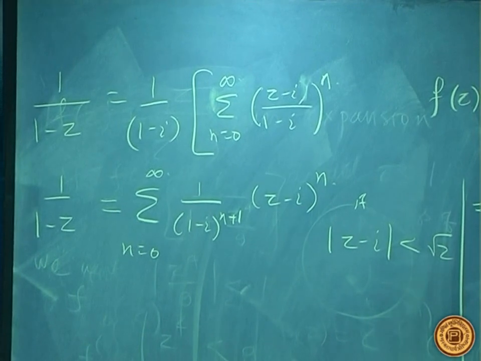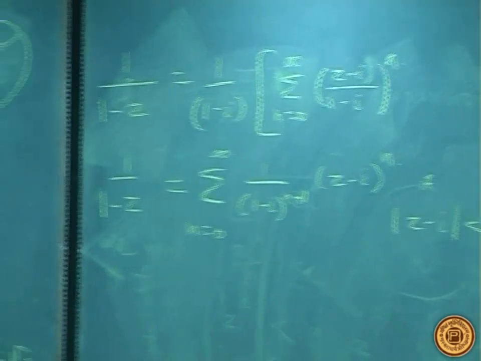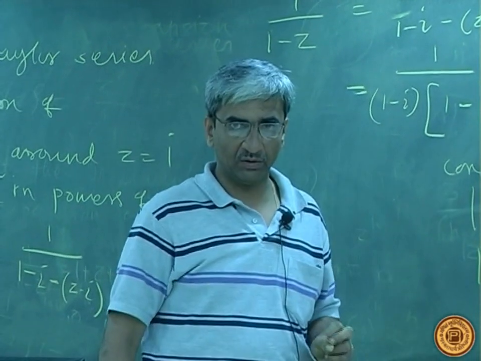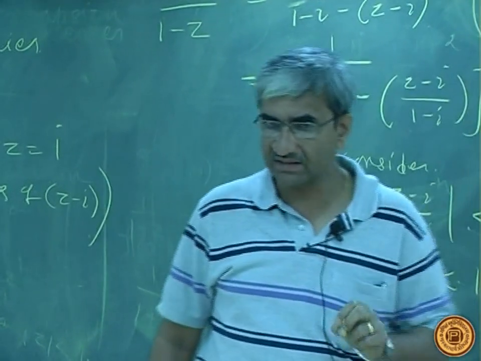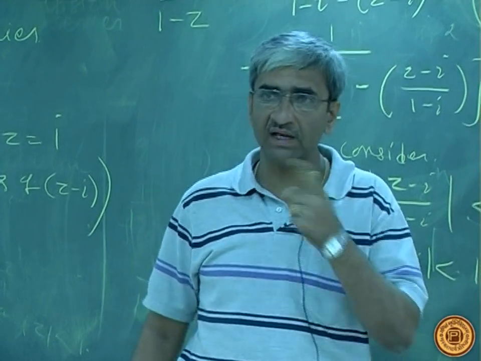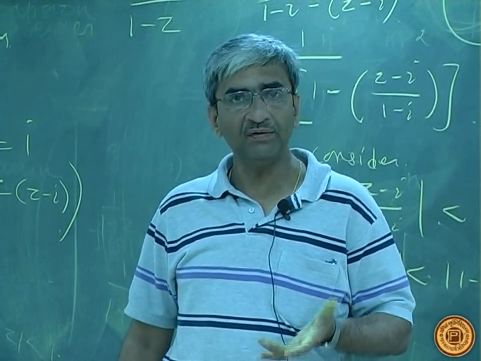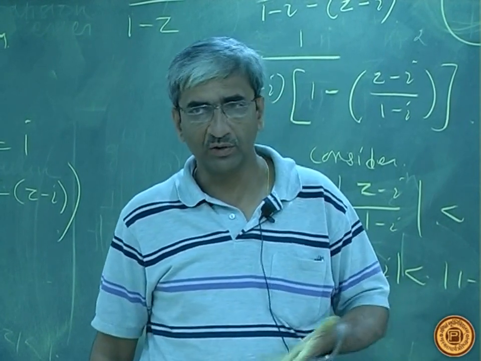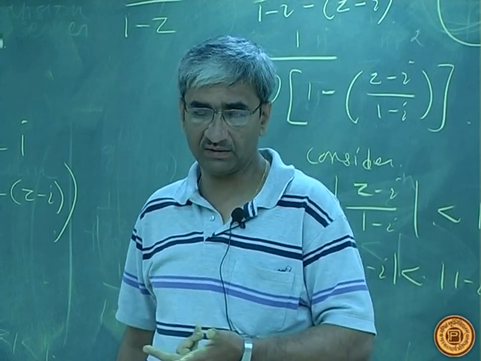Now the next step is to obtain some kind of series expansion of functions where f fails to be analytic at z naught. Taylor series expansion is typically for functions analytic at z naught, where you express the function as powers of z minus z naught. But if the function fails to be analytic at z naught, everything collapses. You cannot have directly a series expansion in terms of z minus z naught.